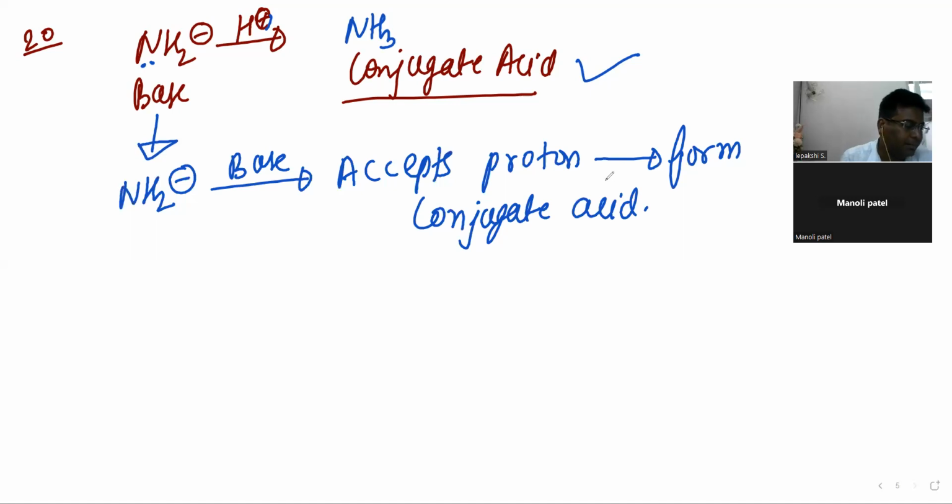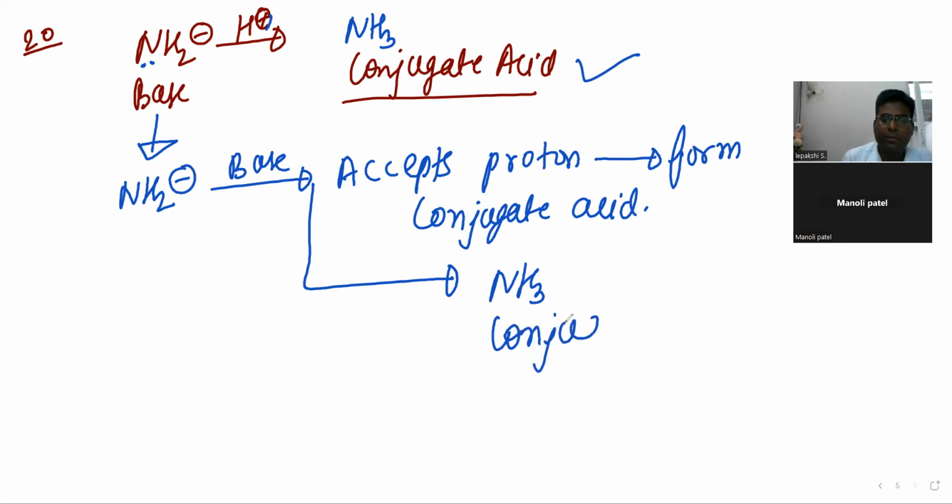Thus, according to the above chemical equation, it is NH3. So it will form NH3 after accepting the H plus ion, which is the conjugate acid, right? So it will be called the conjugate acid. Please write this explanation.